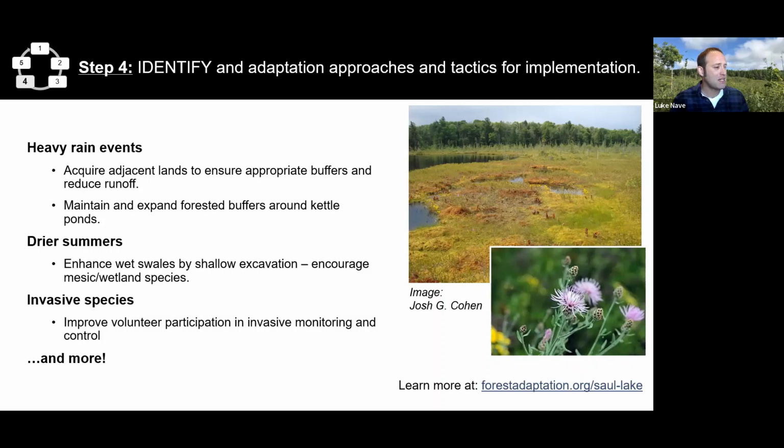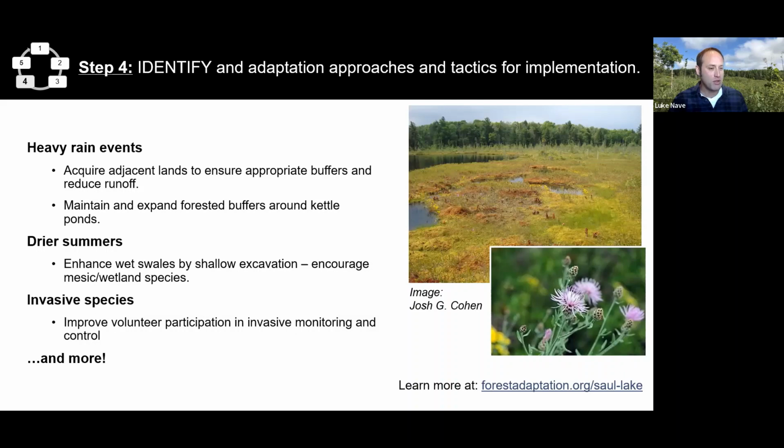One adaptation tactic identified as a result of considering those challenges and opportunities was enhancing the wetness of existing wet places, swales. Shallow excavation might be a rather engineering-focused way to maintain hydrology through dry periods. That's one possibility. Invasive species, of course, the bane of many a prairie nature preserve manager, but you know, people are often happy to help out if you provide them an opportunity and a target.